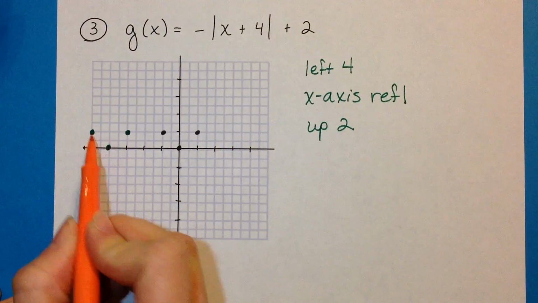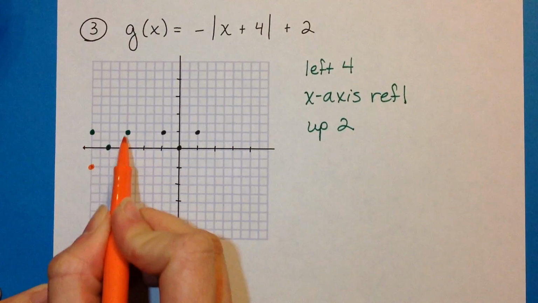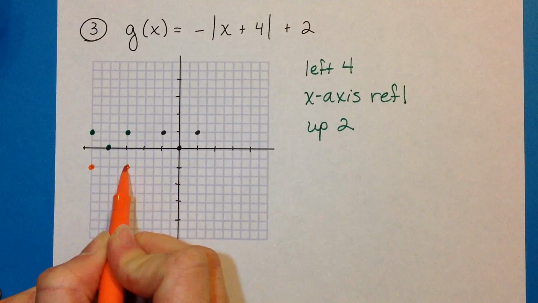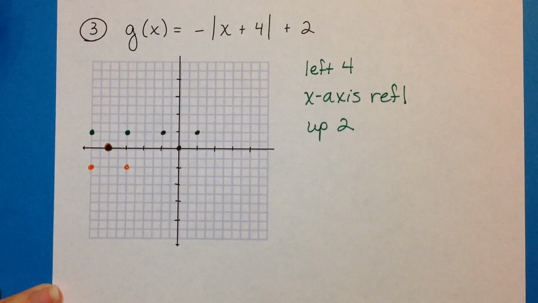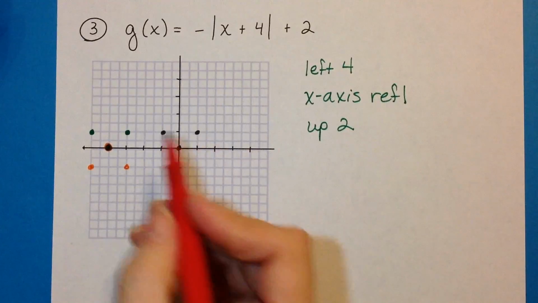So this point will flip down here. This point will flip down here, but this point's not going to move because it's right on your pivot point of your x-axis. So, like I said, it doesn't move. All right, last is to take these 3 points and shift each one of them up 2.